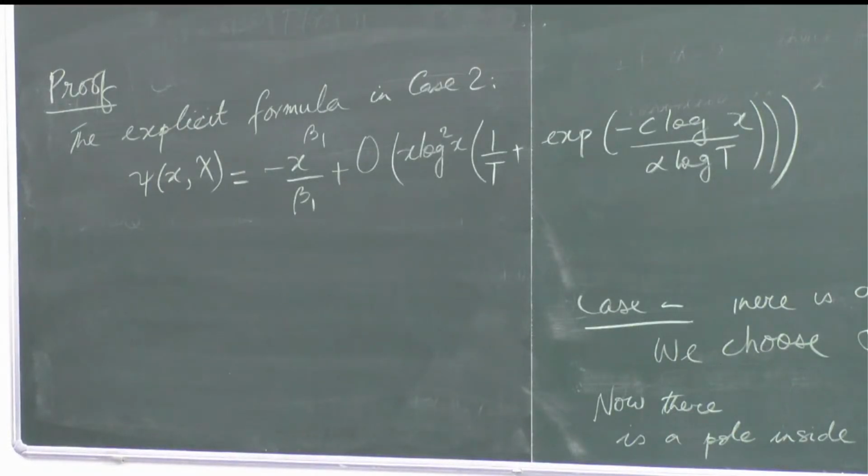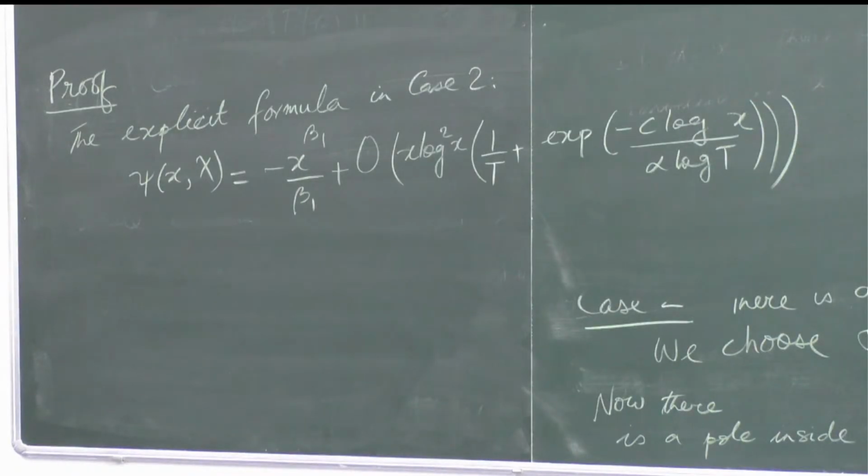So what is not? Case 1 has been done. There is no exceptional 0. Case 2 has been done. There is an exceptional 0 which satisfies this condition. So what should case 3 do? It should be the complement of this. And what is the complement of this? You change the sign. Beta 1, there is still an exceptional 0.